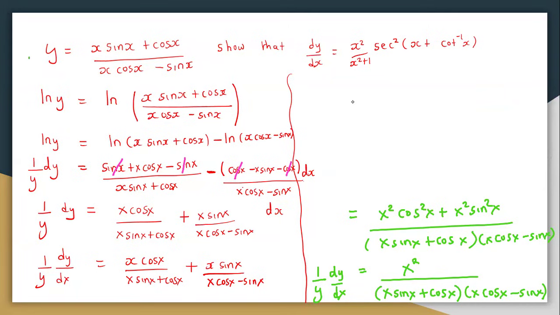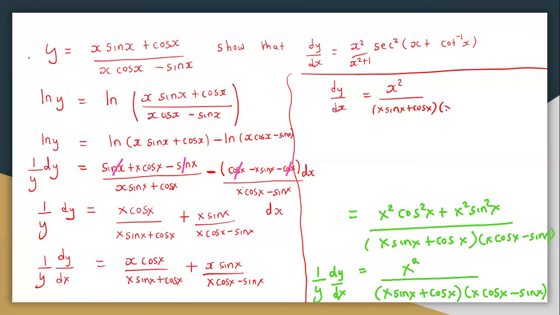I want you now to observe that at this point here, I have my dy dx is equal to my x squared divided by, even before we reduce, x sine x plus cos of x into my x cos of x minus sine of x, then times our y.